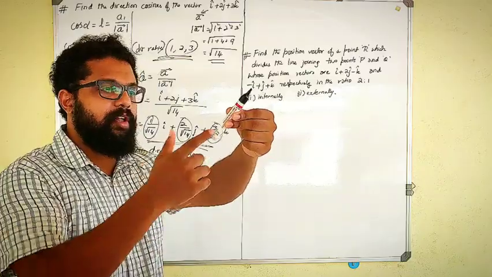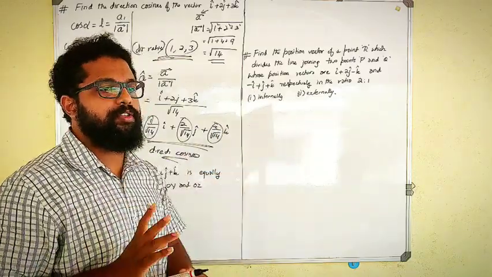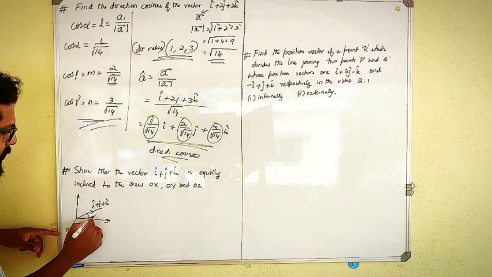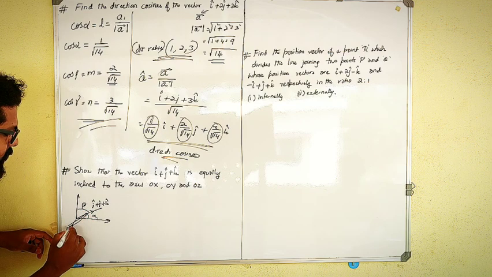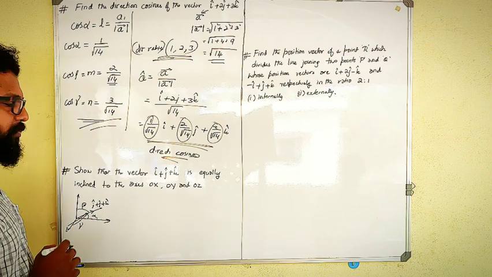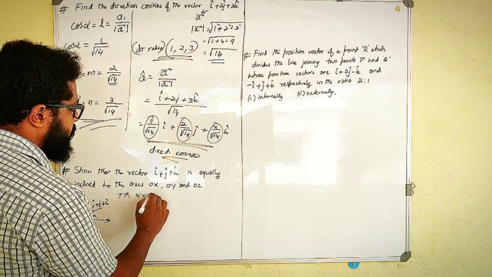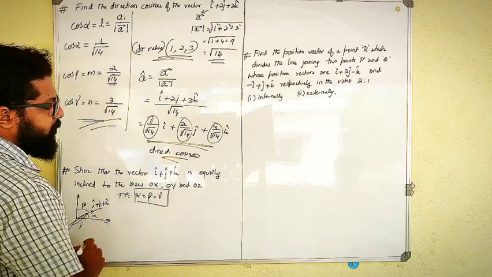Equally inclined means all the angles are equal. Alpha, beta, gamma are equal. This one is alpha, beta, and this is gamma. Correct? So I should prove that alpha is equal to beta is equal to gamma. This is what they are asking you to prove.